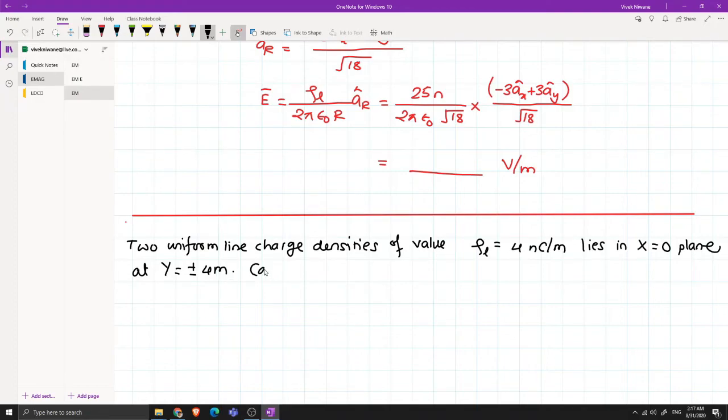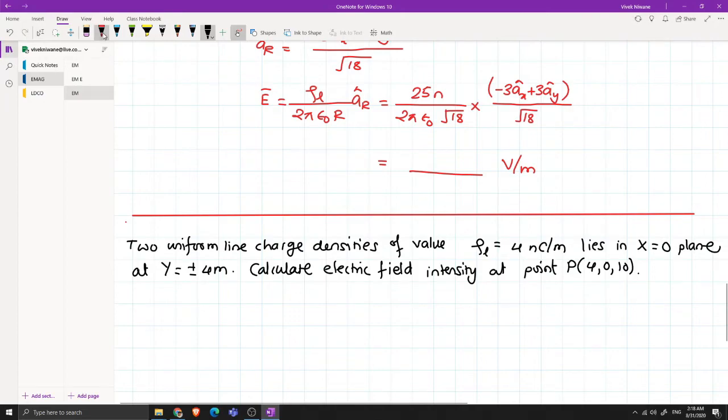Calculate the electric field intensity at point P(4, 0, 10).